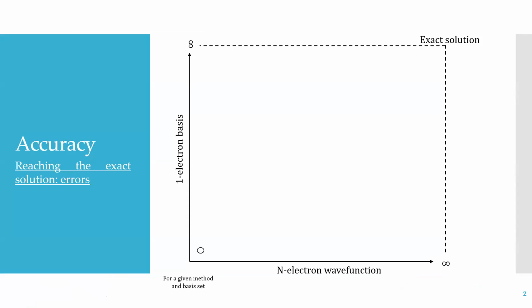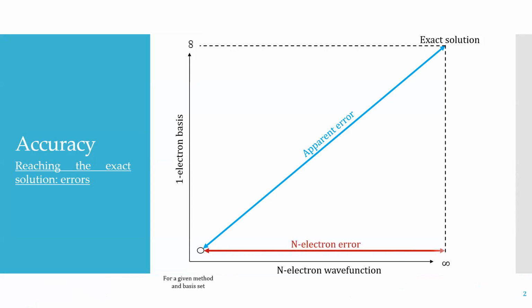Whenever we run a computational chemistry calculation, this is a common graph, we are far from the exact solution, and we have this error that is called apparent error. This error is divided into the error due to the wave function we are employing for our methods, and the error due to the basis set.